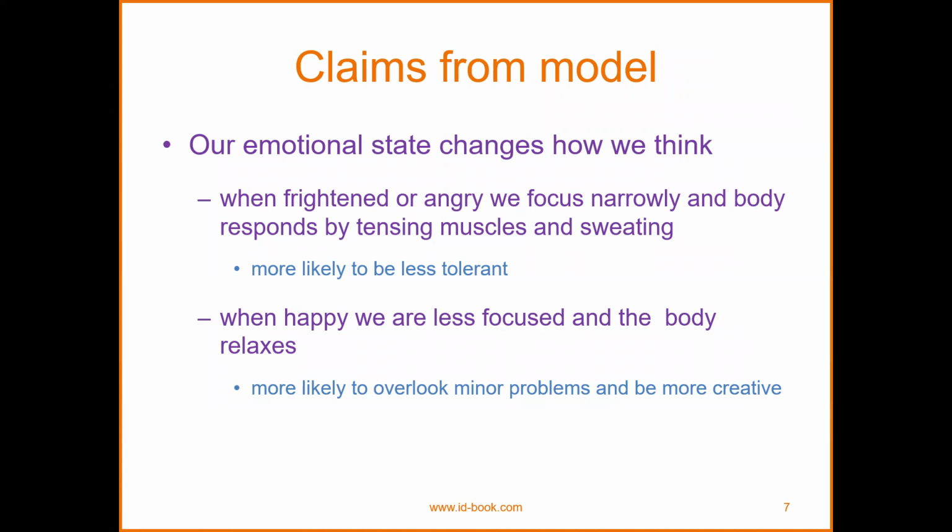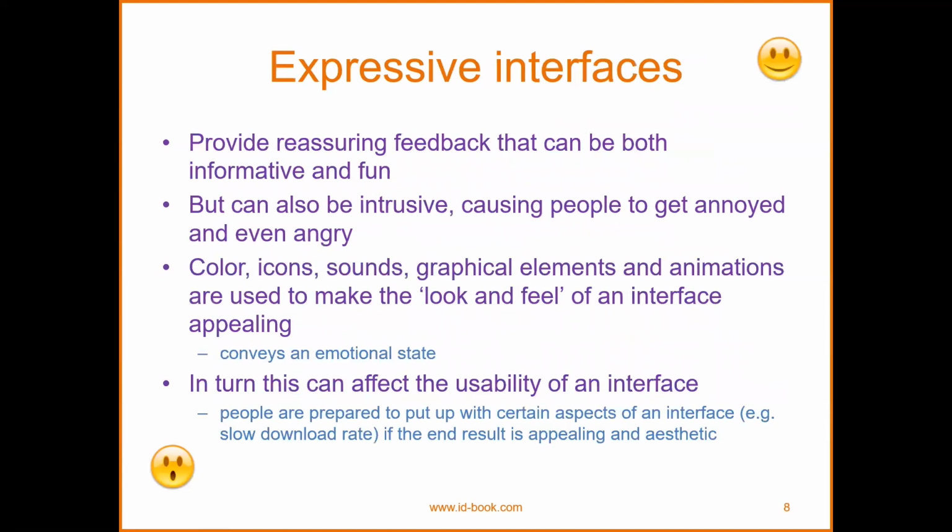There is what we call the serotonin level that increases. Those are the happy hormones, a type of neurotransmitter that is very important for the brain when you are happy. When you are happy, the majority of your muscles are relaxed, regulating any part of the body. You are more likely to overlook minor problems and be more creative.